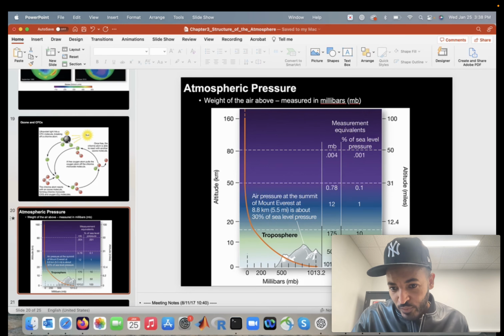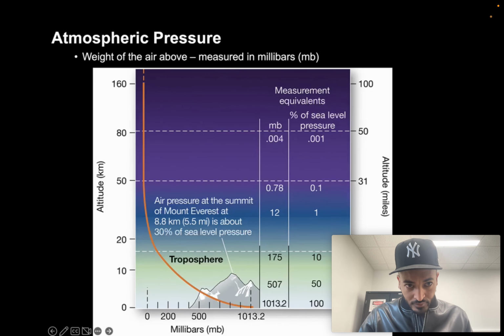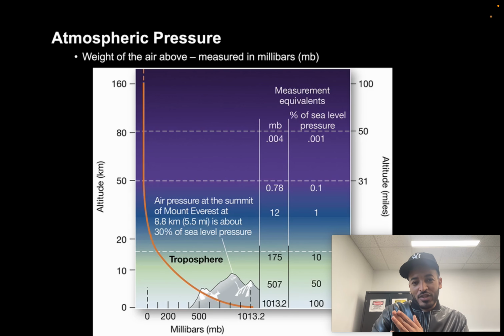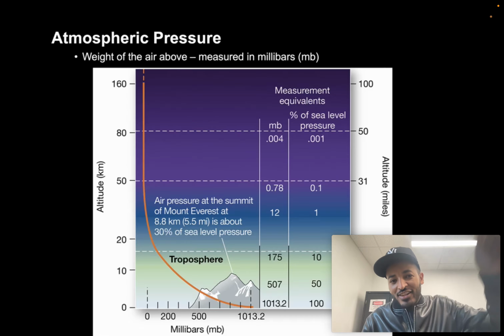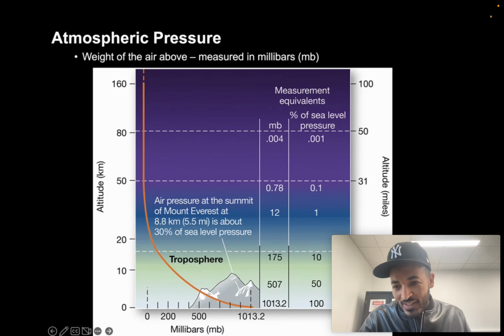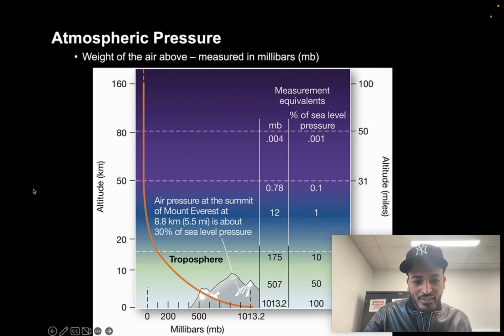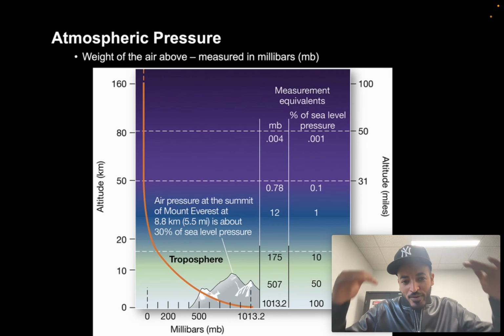All right. So if you look at atmospheric pressure instead of temperature, right? We see when we look at temperature change within the atmosphere, it's not linear. It doesn't simply decrease with height, right? As we go up. So what we see here, the typical trend is, as we go up, the atmospheric pressure decreases with height, simply because the atmospheric pressure is the weight of the air above it, right?